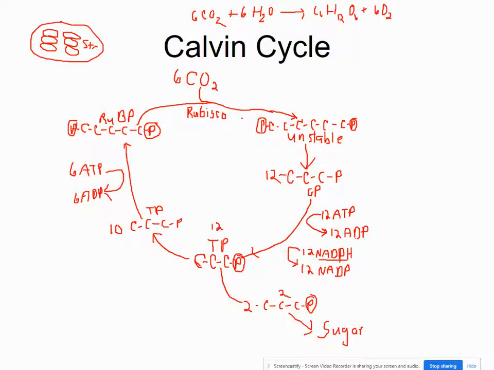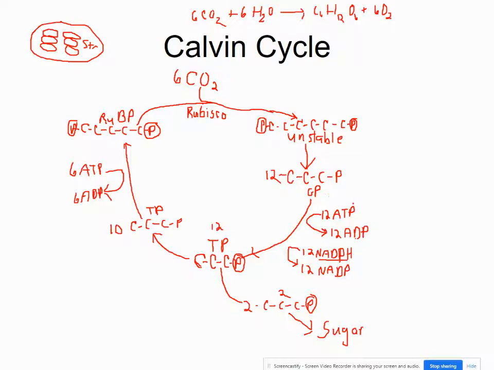So I'm going to show a little Lorax cartoon to go through that again. But one last time for your information, how this works is CO2 is fixed to ribulose biphosphate by Rubisco, forming an unstable 6-carbon molecule that is quickly split into GP.